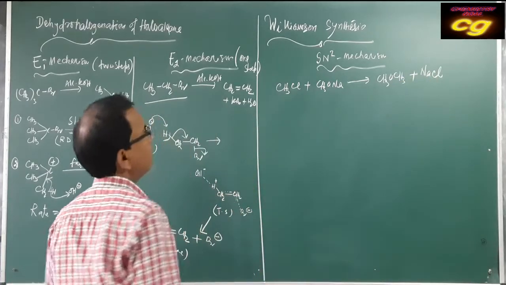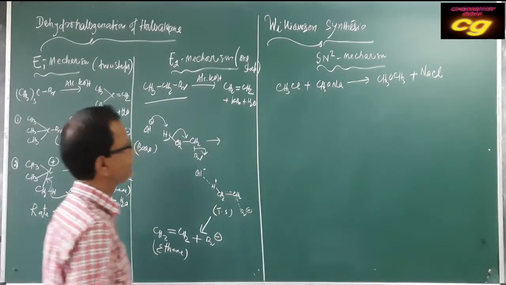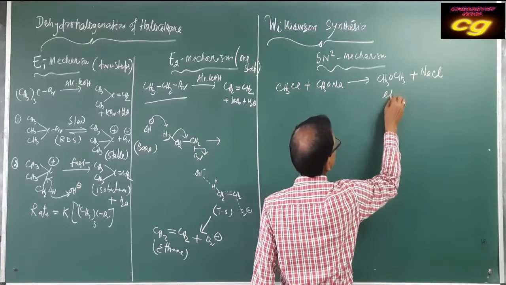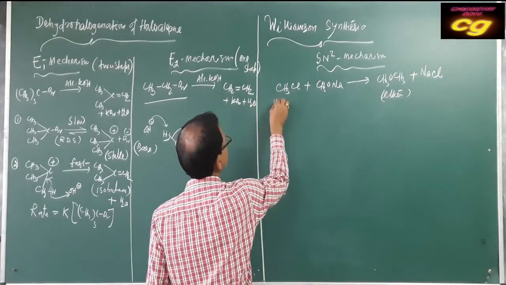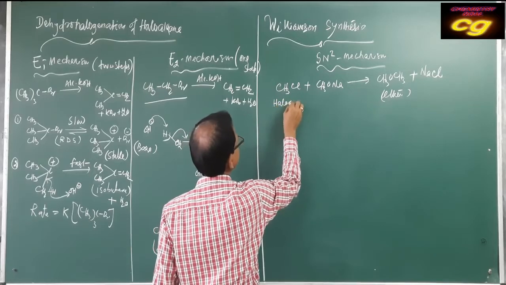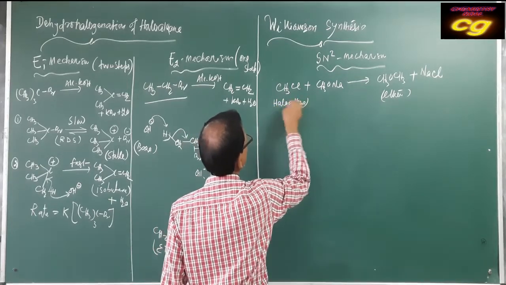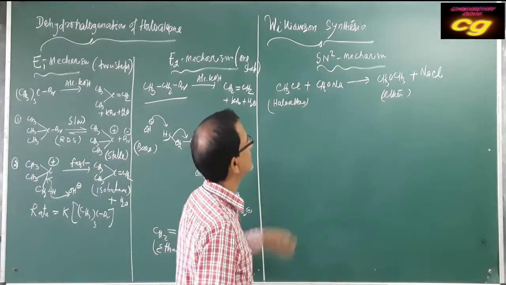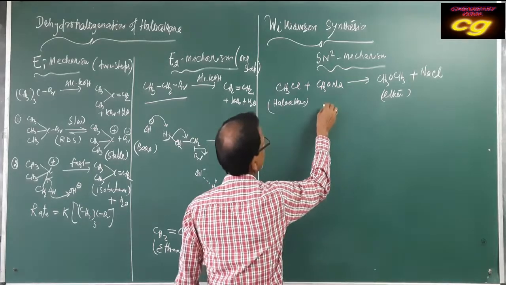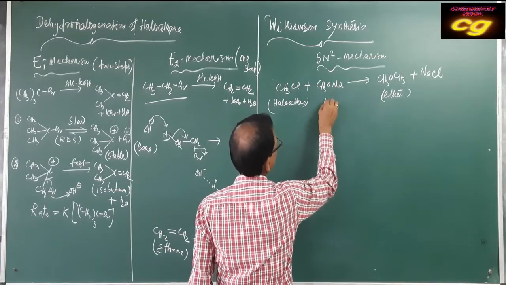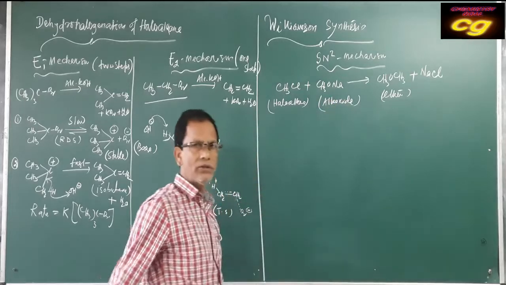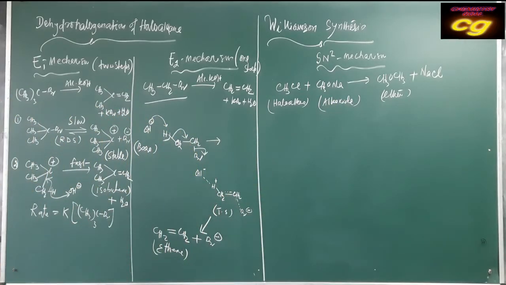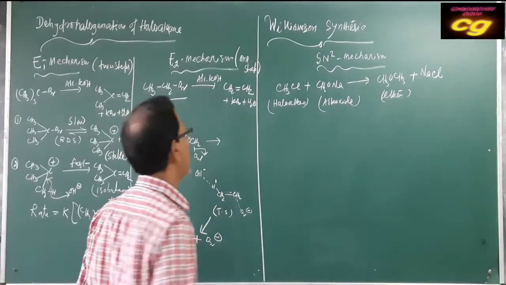In this case, there is formation of ether. This is your haloalkane, chloromethane, and this is your alkoxide salt, and they produce ether. And this mechanism is purely SN2 mechanism.